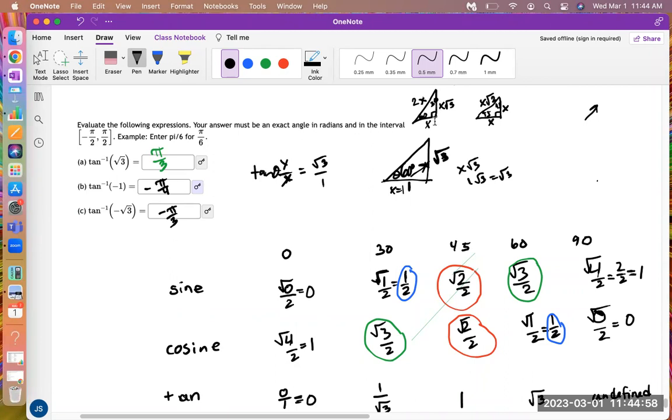And if my original problem had a √2, then I would know that I probably need to use the 45, 45, 90 triangle. Like I said, I think the first way, using the chart, is probably the easier way to solve this problem.